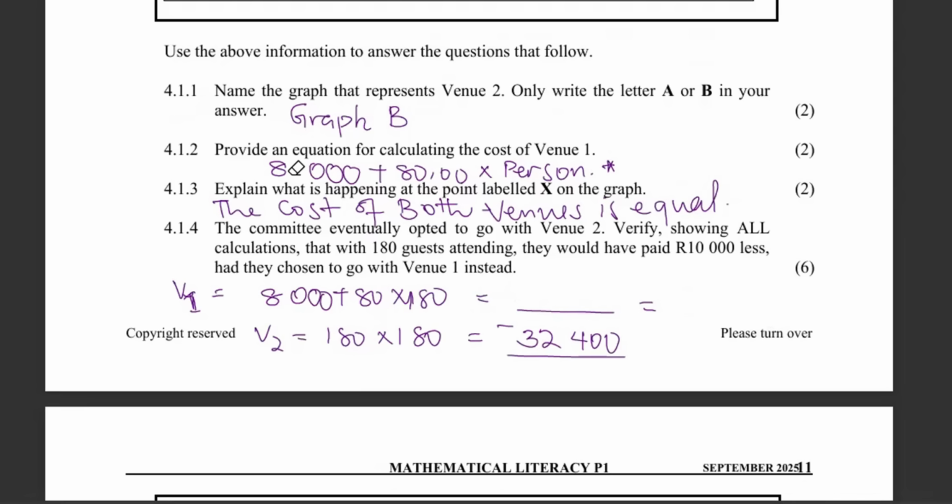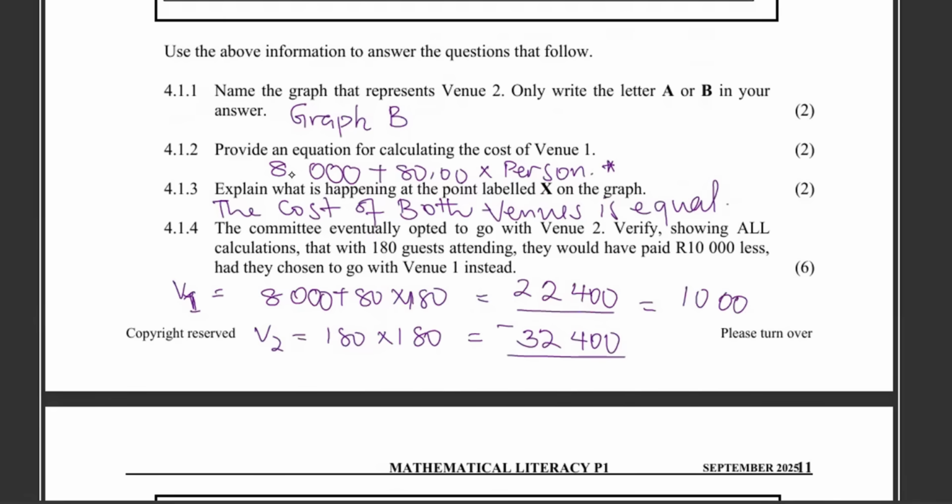Let's get, and you see 8,000 plus 80 times 180. So we have 22,400. Yeah, this one now is 10,000. So we are saying 10,000.